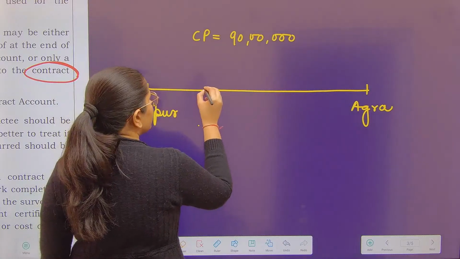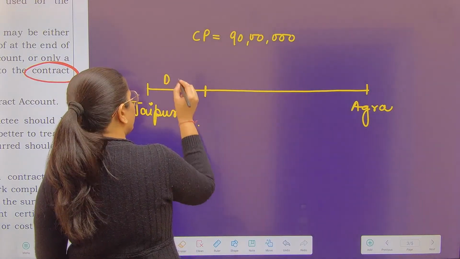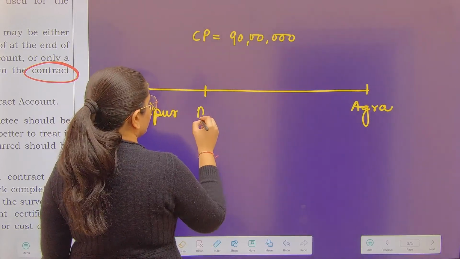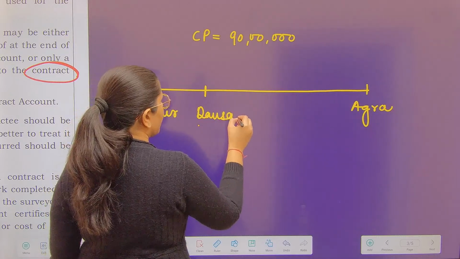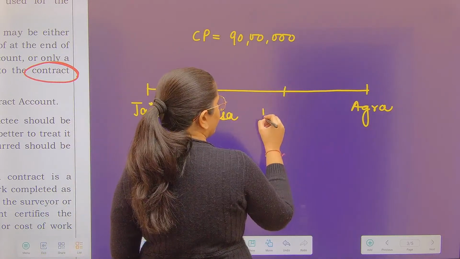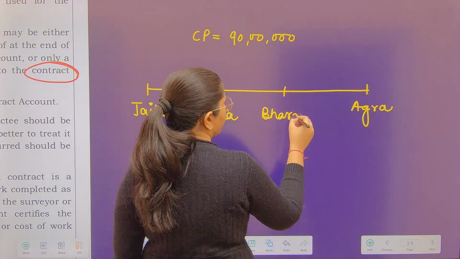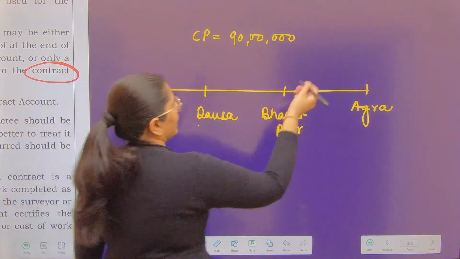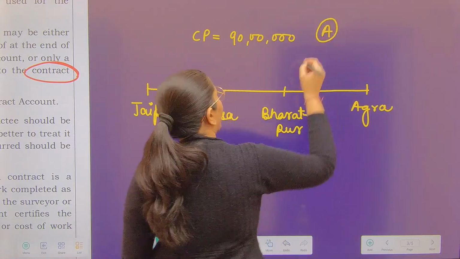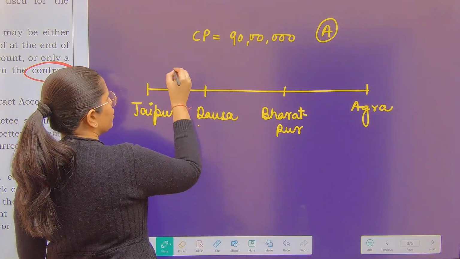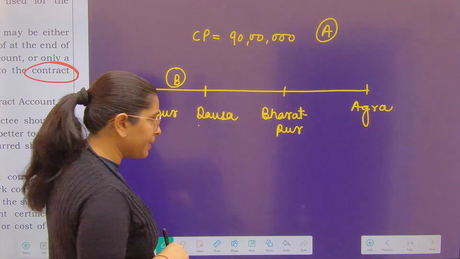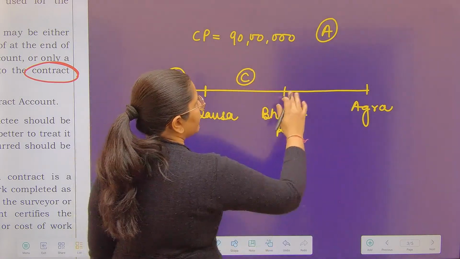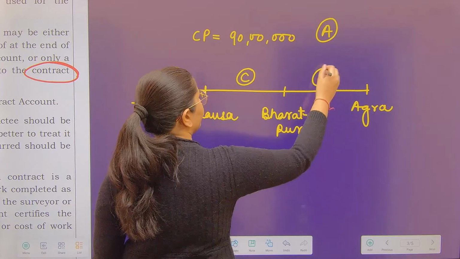Now what I did was, the stretch between Jaipur to Dausa, and here is your Bharatpur. My name is A. I have given this particular stretch to another contractor called as B. This particular stretch to another contractor called C, and this one I am going to perform myself.